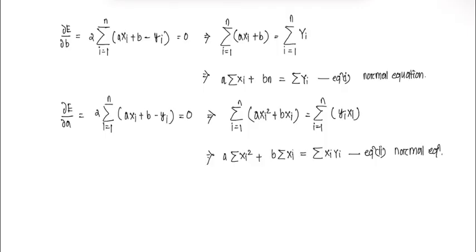Getting the things? But mistakenly, I have told you something wrong here. We have not multiplied by xi here.